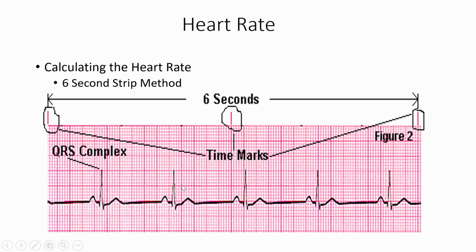So then when I measure from this R to this R, it should be the same. It's consistently the same. That's what I mean by constant. So if the space between here was 30, then the space between here needs to be 30, and then the space between this R to R needs to be 30, and the space between that R to R needs to be 30. So that's what you're looking at when you are trying to determine if it is regular or irregular.